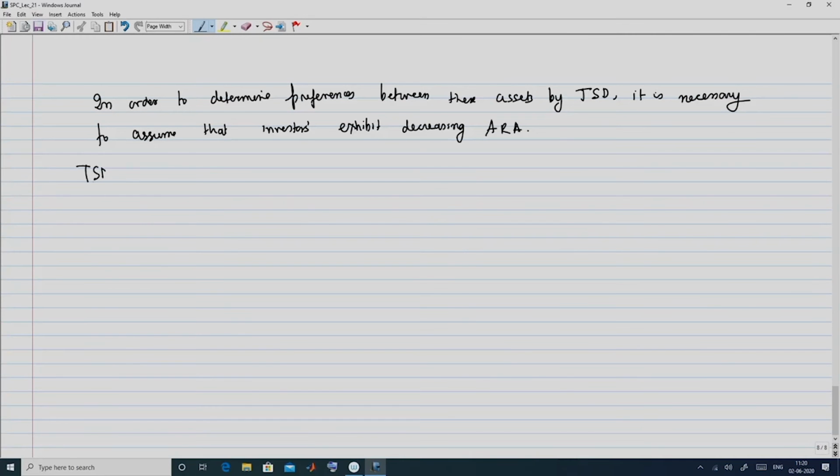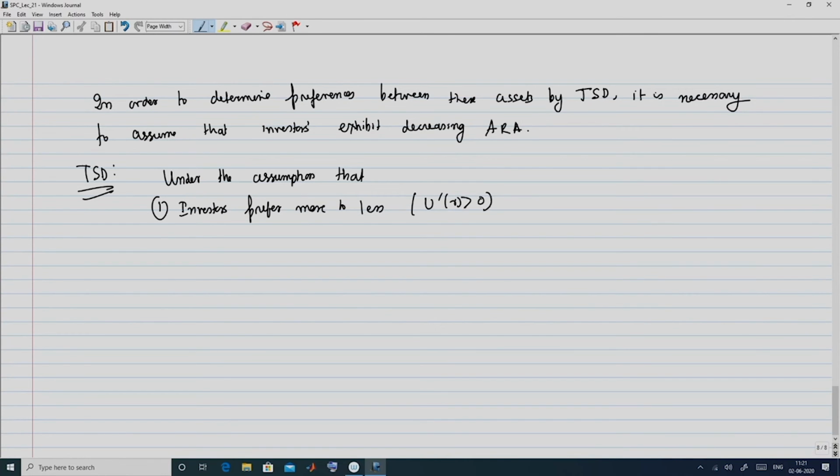So, now we are in a position to define what is the third order stochastic dominance. Under the assumption that, firstly, investors prefer more to less. Remember this is u prime of r greater than 0, which you used in FSD.